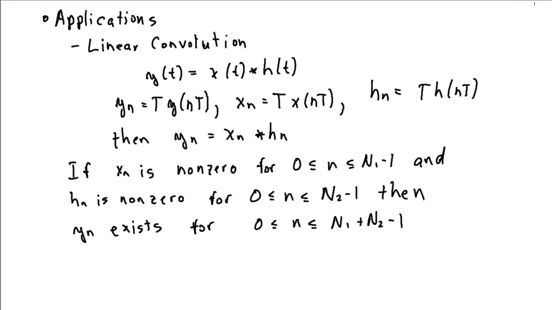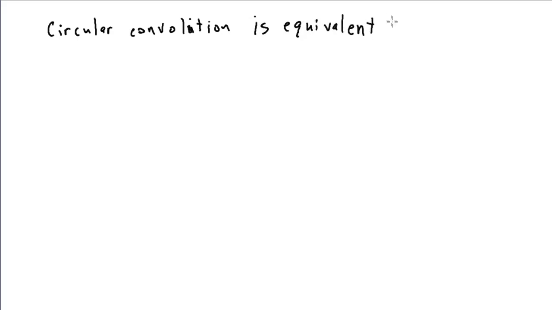Well, circular convolution, which is what we get when we multiply the discrete Fourier transforms of our two sequences, we can use that to get an equivalent linear convolution result, which is what we're after.